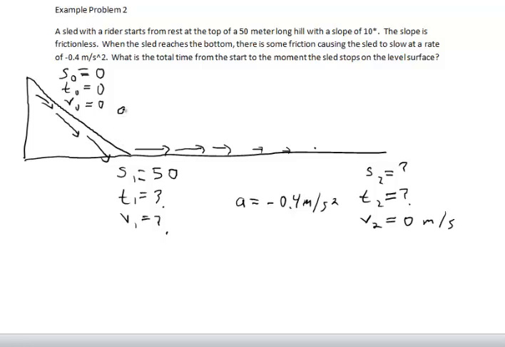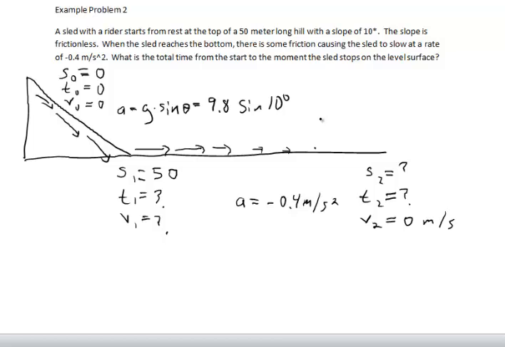The acceleration down the incline is g sine theta. We learned that a couple pages ago. So in this case, it's 9.8 sine of 10 degrees. And I have a calculator here.